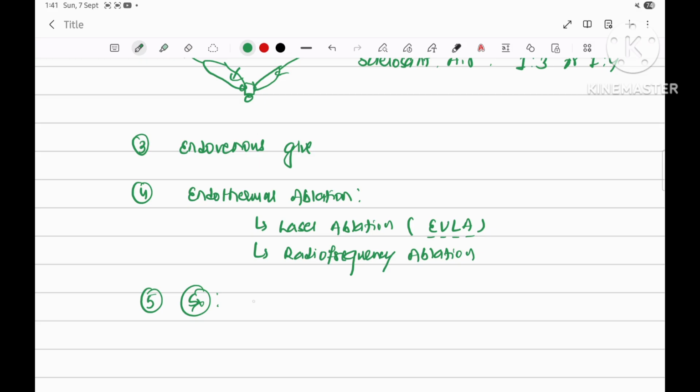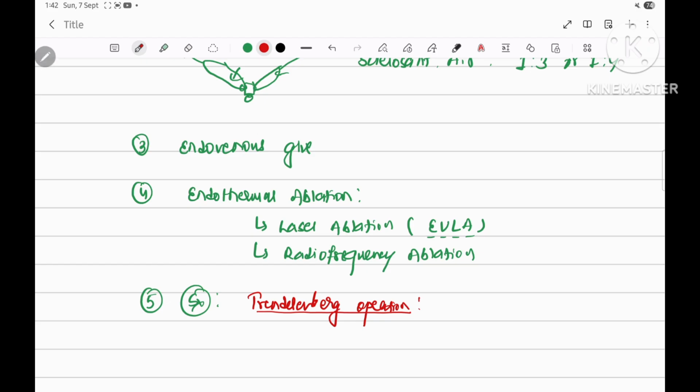The one is the Trendelenburg operation. In this Trendelenburg operation, what we do is saphenofemoral junction ligation and greater saphenous stripping.